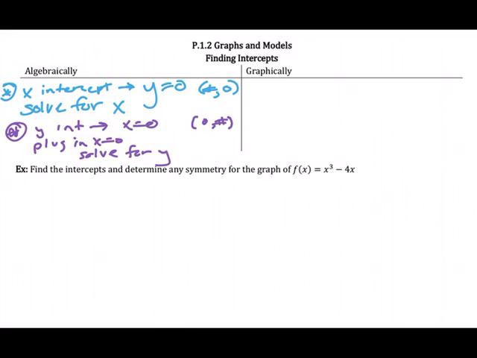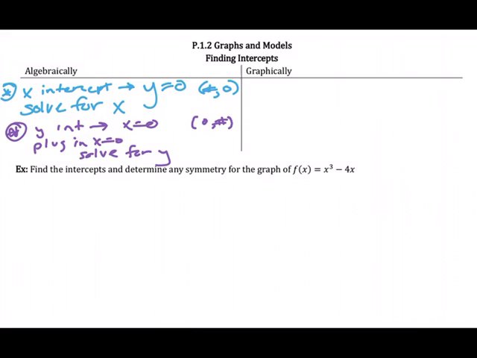It sounds so simple and straightforward, but if we're talking about a more complicated function, we're going to have to use a lot of things that we've learned in previous courses. Possibly factoring, possibly solving a quadratic, possibly using the quadratic formula. All kinds of different things that we've learned before are going to come back into play in this particular section, or in any section when we're looking at finding the intercepts.